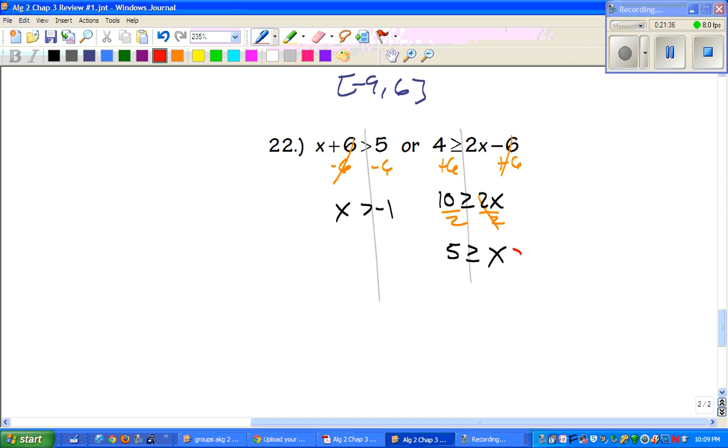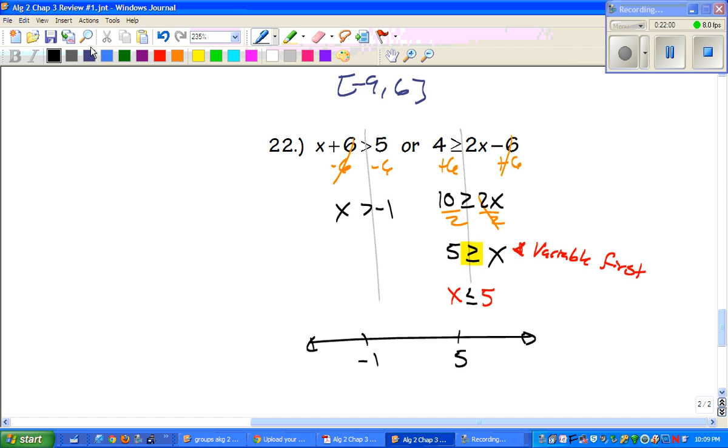And remember that we want to have the variable first. So when we rewrite that, x and 5, look to see, who is it pointing to? Okay, it's pointing at the x. I'm going to make sure it stays pointing at the x. So -1 and 5.